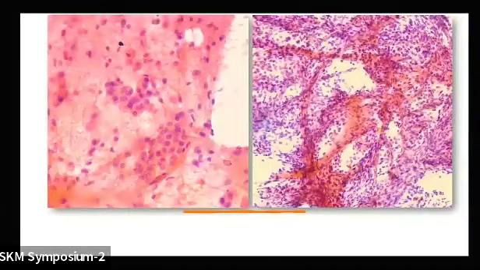Here is the same image on a Papanicolaou stained smear, where the nuclear details and the macrophages are better appreciated. This correlates with almost a granulation tissue-like picture, but in the context of lung.